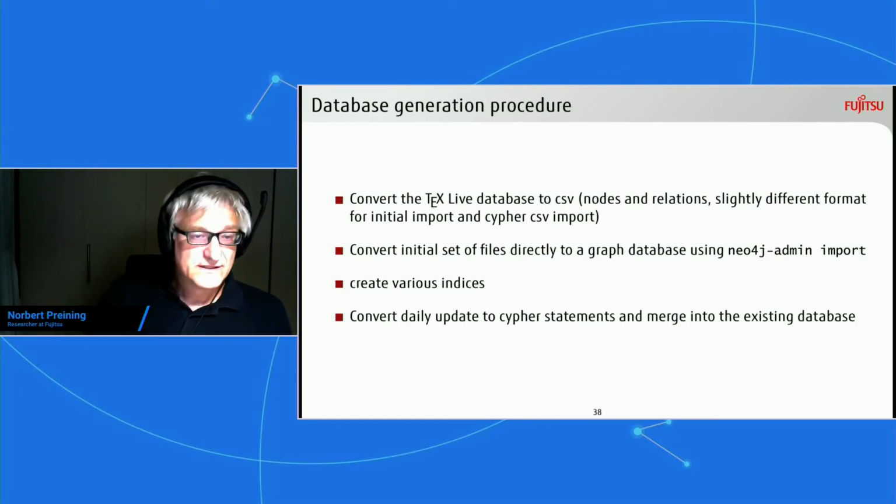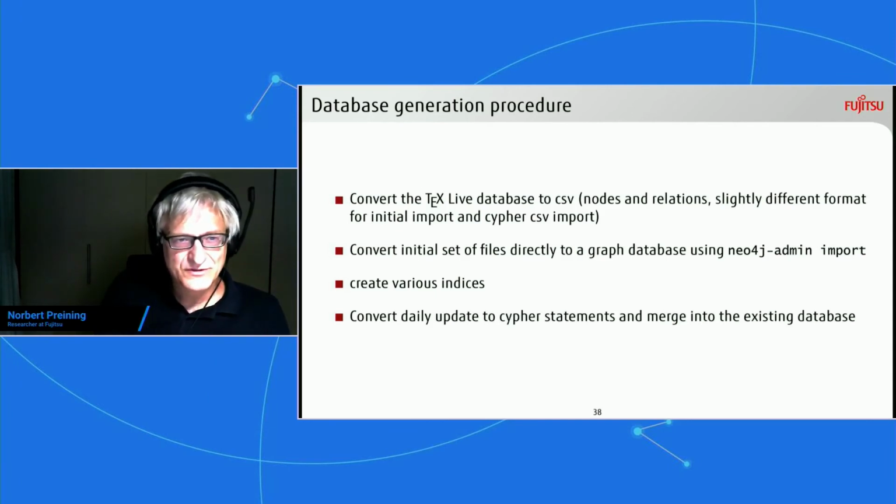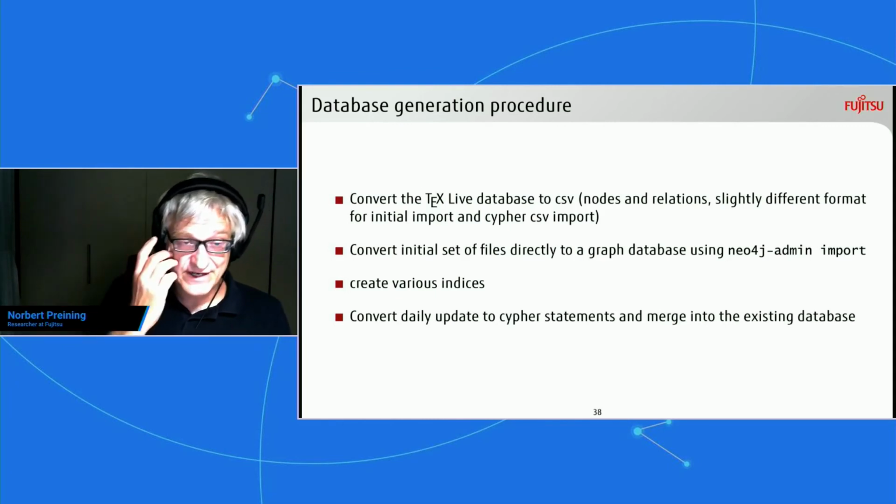So how is this all done? Well, it's very easy. First with Git, I just checked out all the databases, which amounts to a lot of disk space. Convert all of them into CSV files again. Actually, a slightly different format, because the Neo4j admin import tool expects a format slightly different from what I use when I create Cypher queries.